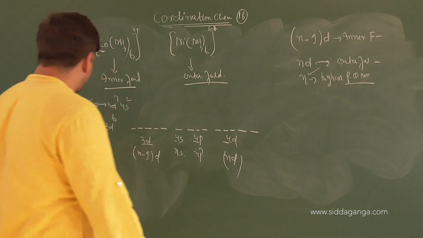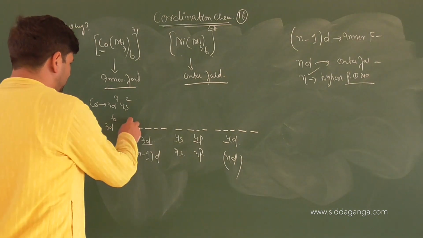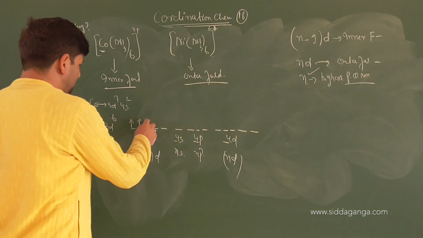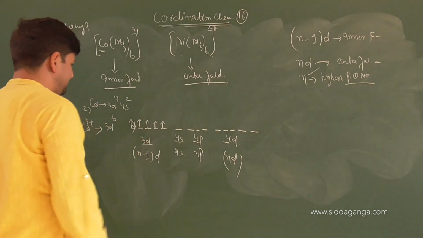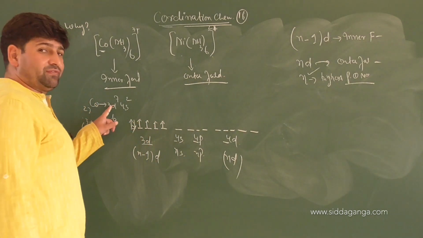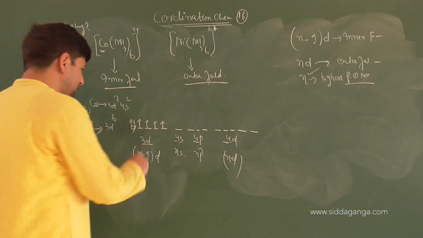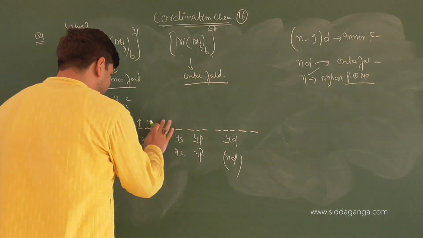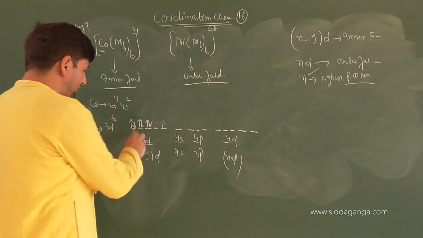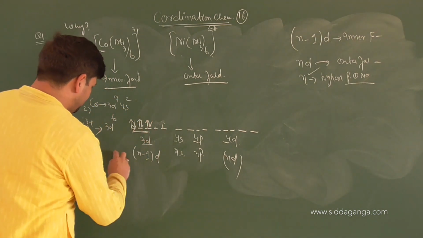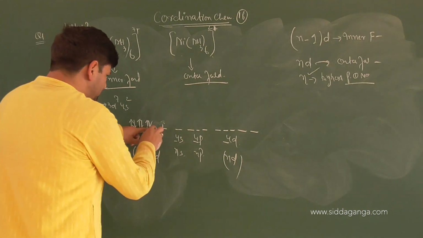Now looking at the electronic configuration of cobalt, it is 3d6. So 1, 2, 3, 4, 5 and 6. Ammonia is a strong field ligand, so it will force pairing. Once pairing occurs, all these 6 electrons will be found in these 3 orbitals, no unpaired electron, magnetic moment will be 0, and these 2 will get free.